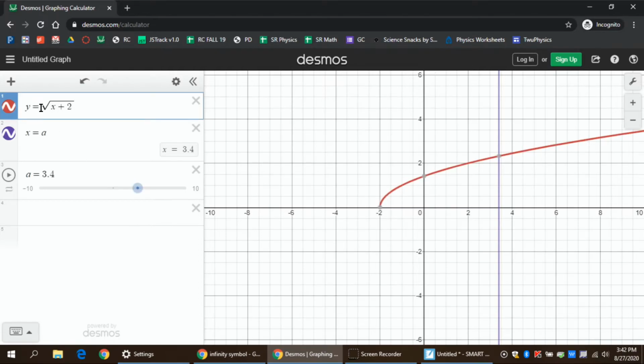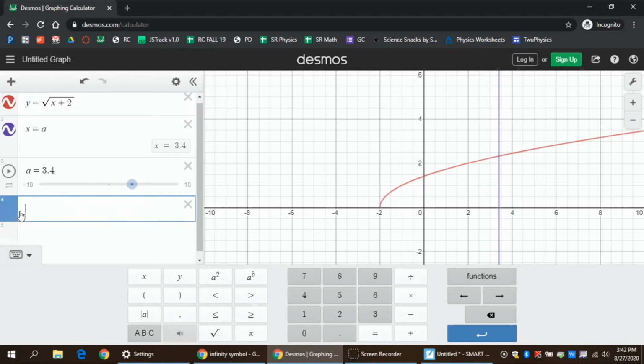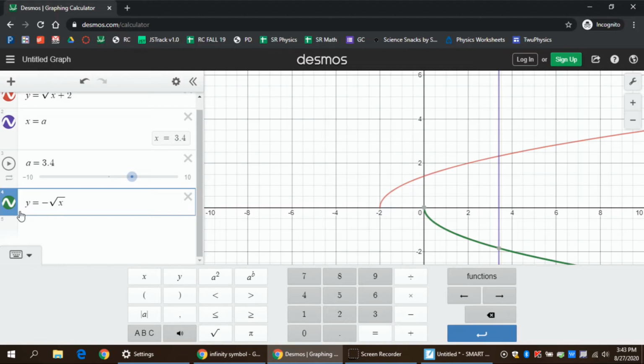Now, if it were plus or minus, let's see if we can put a plus or minus in front of it. Sometimes these keys are in here. Let's look. I don't see it, but let's put in another function here. Let's say if it were y equals the negative square root of x plus 2, that would be the plus or minus deal here.